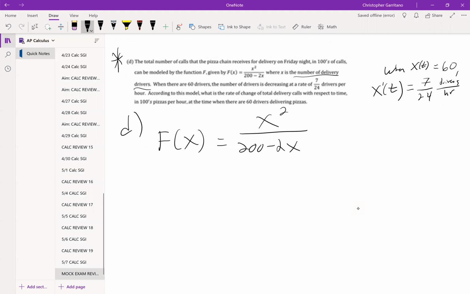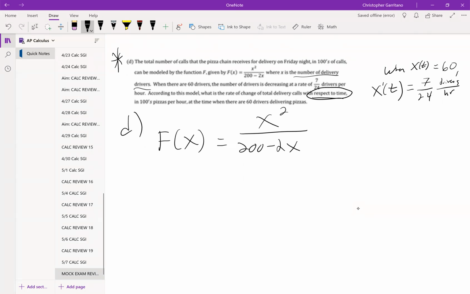All right, so there's a few things that occur. You can see later on they ask about with respect to time. So big F is a function of delivery drivers, but it's also a function of time, right? As time changes, the number of calls also changes.